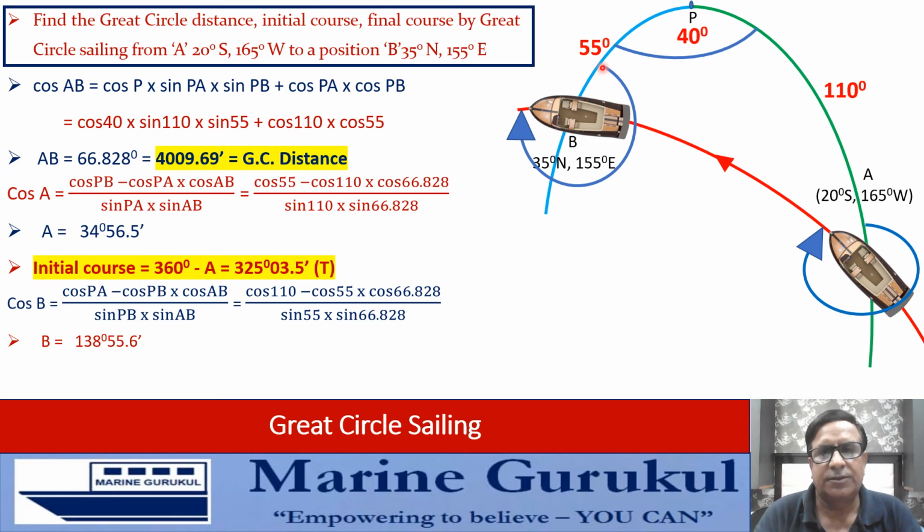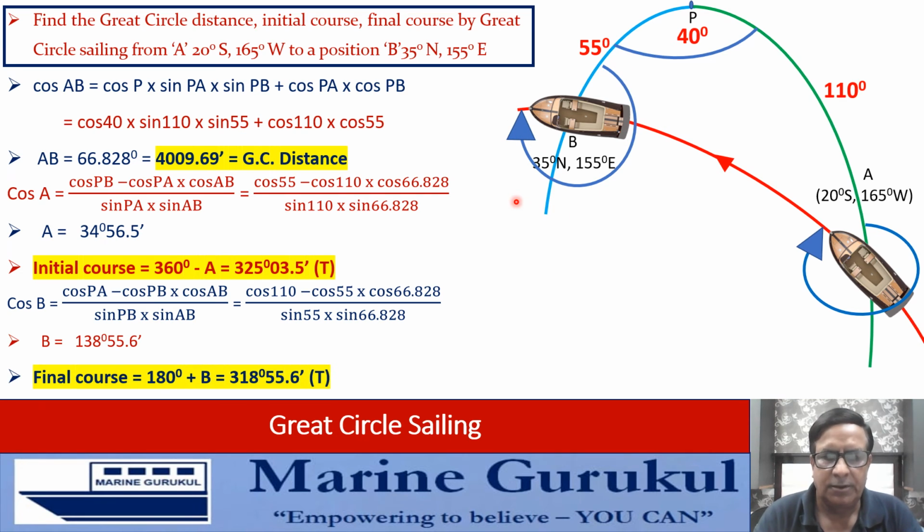Now obviously this final course's arc from here to here is 180. So this shall be 180 plus angle B. So we get final course as 180 plus angle B, that is 318 degrees 55.6 minutes true.